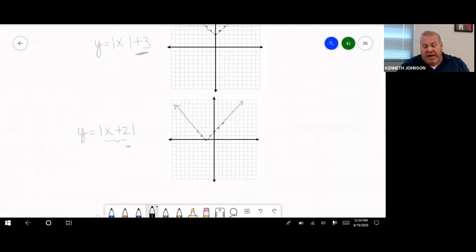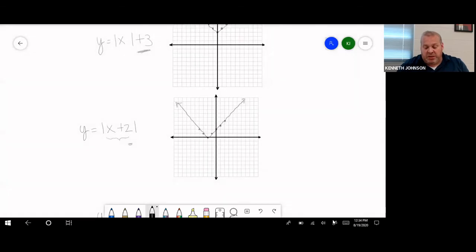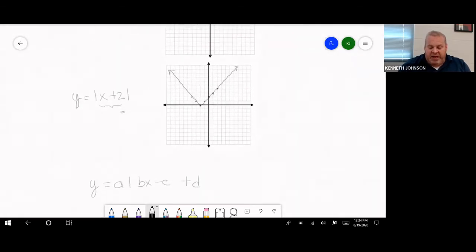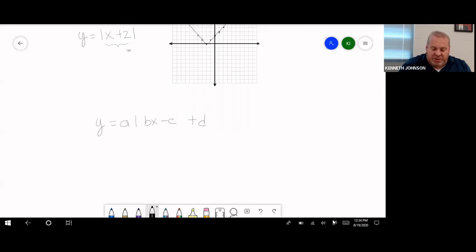Now, when I graph these, I have 4 basic options. I can have a number out front, I can have a number next to the x, I can have a number inside the parenthesis, or I could have a number outside. And what we just saw is that a D value, or the value that's outside at the end, is going to move it up if it's positive, or down if it's negative.